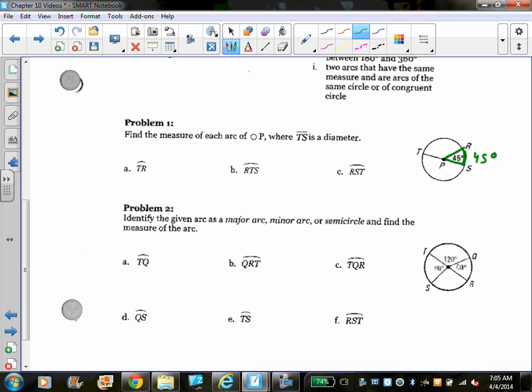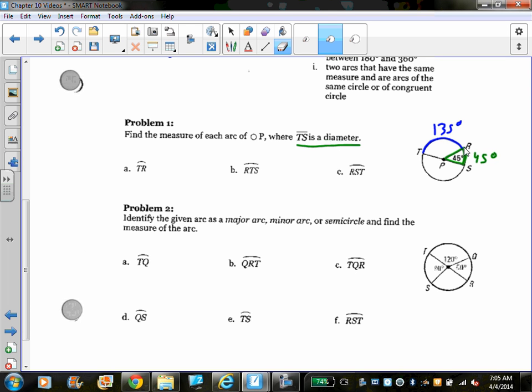The fact that TS is the diameter is important, because that tells you this arc would have a measure of 180 minus 45, which is 135, because a semicircle has 180 degrees. You could continue on with that problem if you wanted to. It uses very similar ideas to our last video.